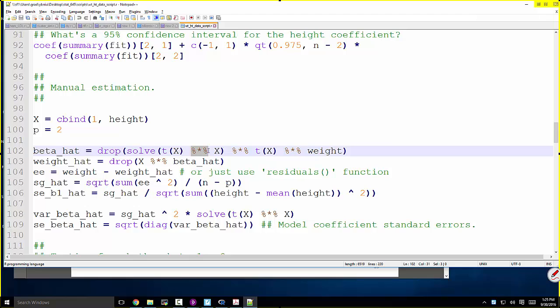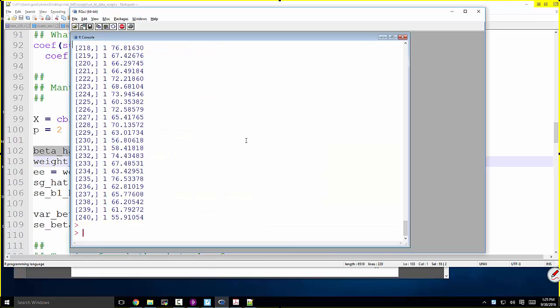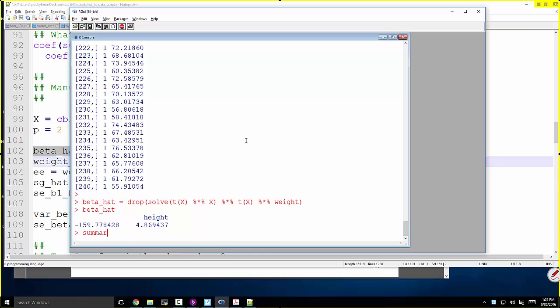You don't want to use just asterisk. Right. So let's have a look at this. Beta hat should match lm.